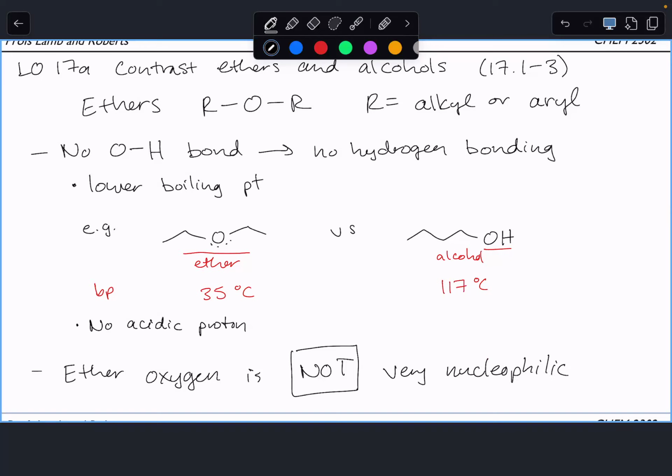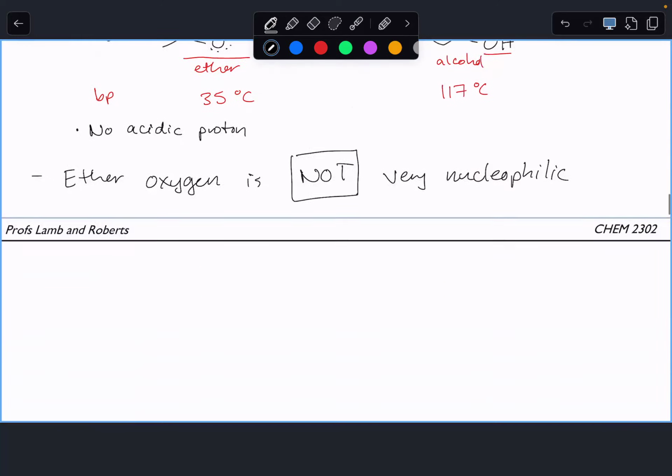So even though ethers and alcohols look pretty similar, their reactivity is quite different, because alcohols are often used as nucleophiles, but ethers are not, because it already has those two substituents. If it were to lend its electron density to something else, it would now be positively charged. And there's not a good way of getting rid of that positive charge.